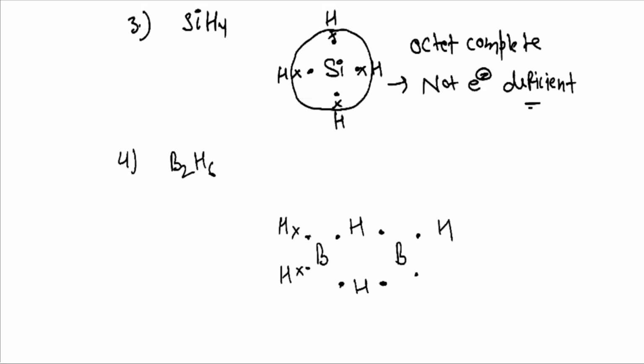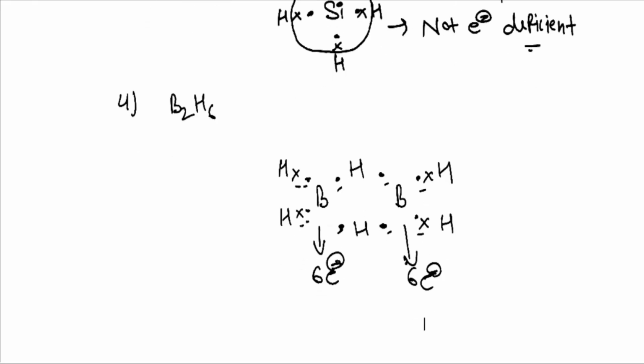If you count the electrons around each boron, here 1, 2, 3, 4, 5 and 6. So only 6 electrons around this boron, and similarly around the other boron. So again the octet is not complete, so it is also an electron deficient hydride.